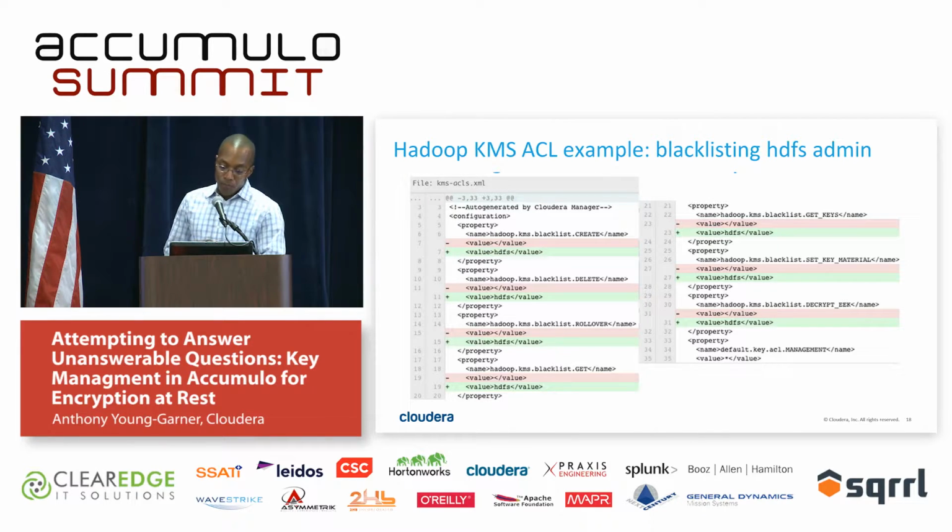Okay, so here now we are storing our key encryption key from Accumulo encryption at rest on an HDFS encryption zone that is now encrypted by a key backed by the Hadoop KMS. And now when our HDFS administrator attempts to copy that key encryption key, he doesn't have access to that encryption zone.